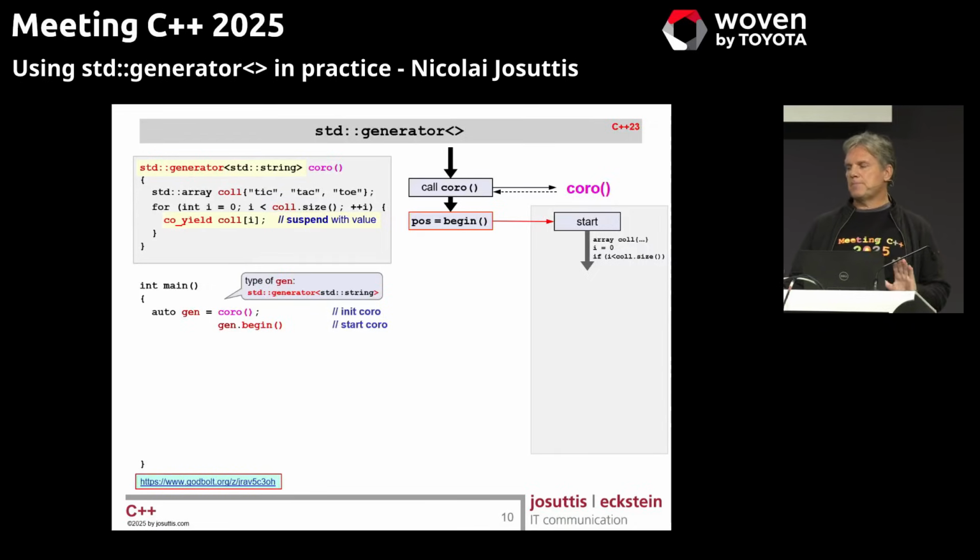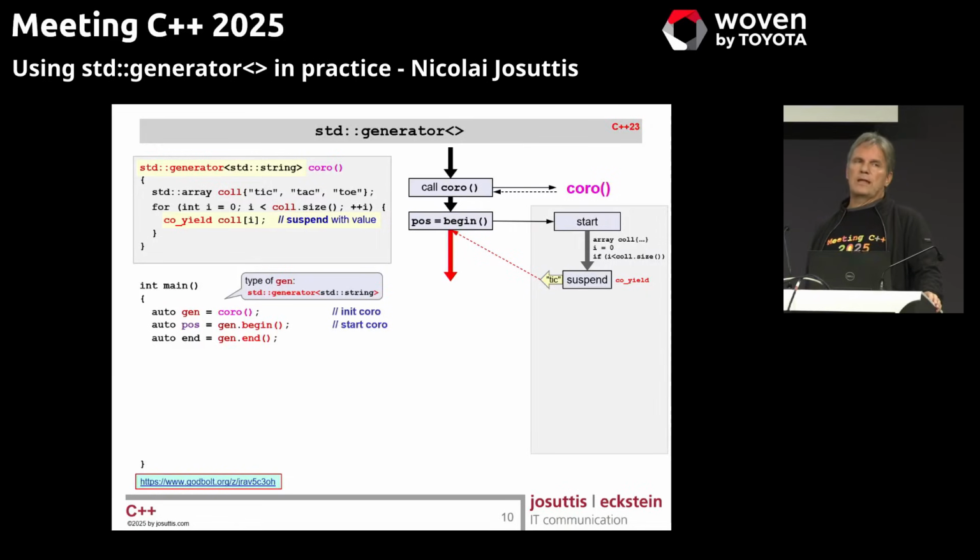We just jump with our execution model to the assembler code of the coroutine and start with the statements as written there. So that means we initialize the array, we initialize I, we check whether I is less than the array size, and then we come to the co-yield statement.